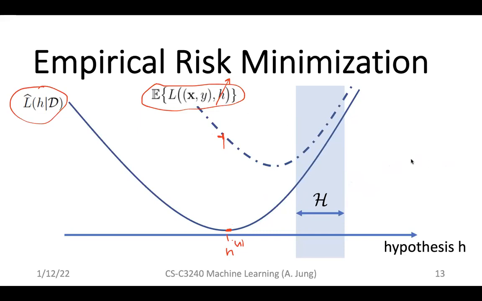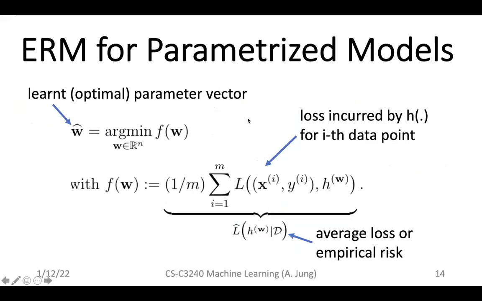Okay, so now I've written together empirical risk minimization for parameterized models, or for a set of hypotheses which are characterized by a parameter vector W. One example is a linear map. Each linear map is parameterized by a parameter vector, W transposed.